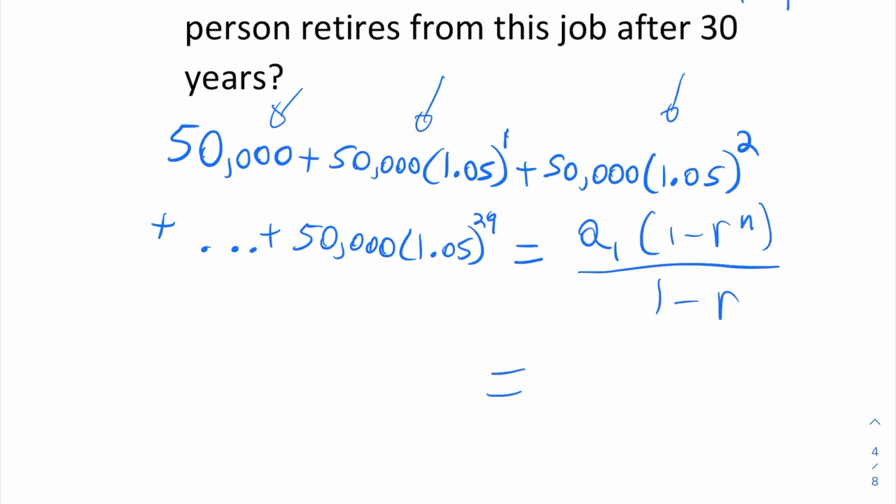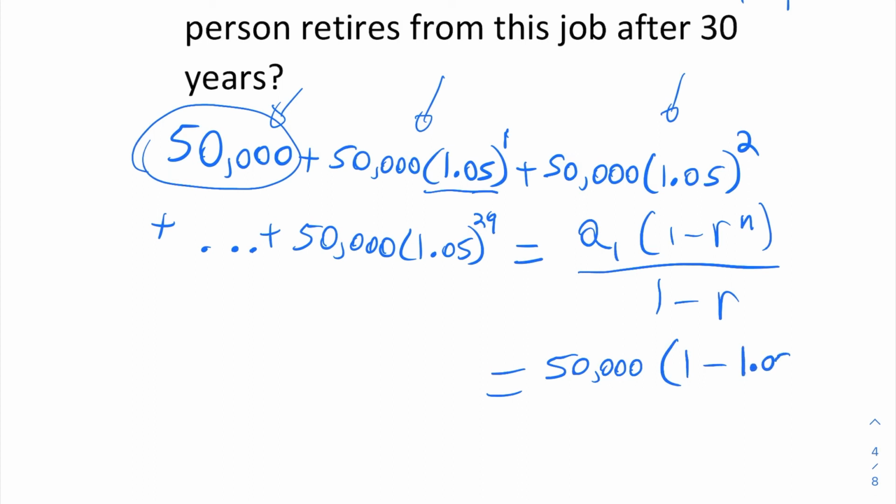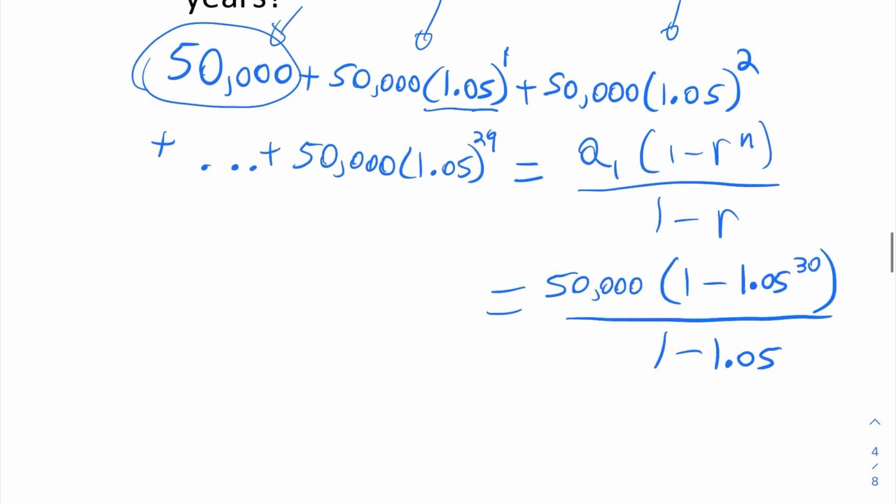In this case, a1 is obviously 50,000. And then it's 1 minus r. The common ratio, if you divide consecutive terms, you're going to get 1.05, and this is to the power of n, which is 30 years on the job. You close that up and divide that by 1 minus 1.05. And let's see what we get here.